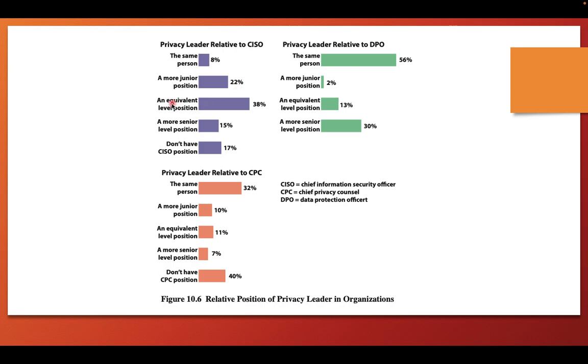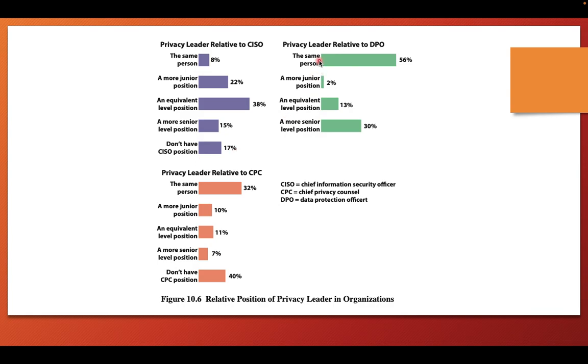Those who say an equivalent level position, almost equivalent level, not the same but equivalent, are 38%. Those who say the privacy leader is a more senior position compared to Chief Information Security Officer are 50%. Those who say they don't have the Chief Information Security Officer position in their organization are 70%.